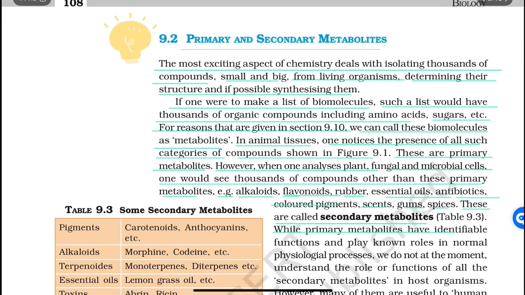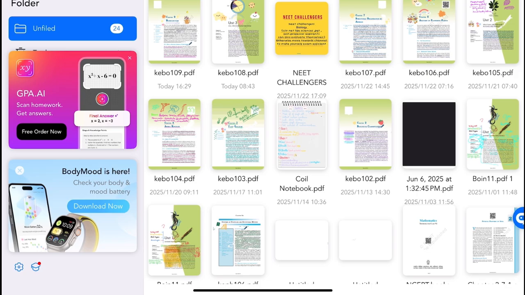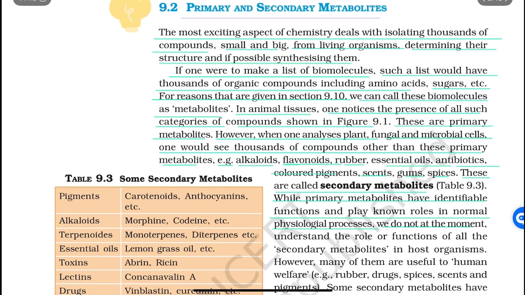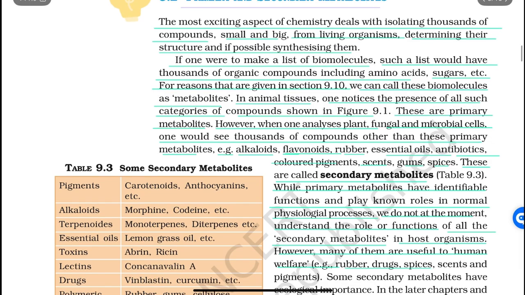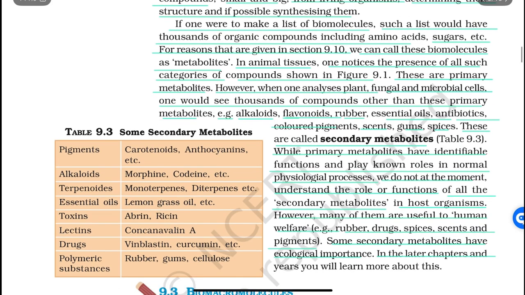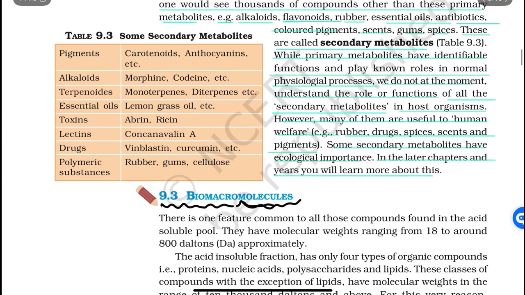While primary metabolites have identifiable functions and play known roles in normal physiological processes, we do not at the moment understand the role or function of all the secondary metabolites. In host organisms, however, many of them are useful to human welfare: rubber, drugs, spices, scents, and pigments. Some secondary metabolites have ecological importance. In later chapters and years, you will learn more about this.